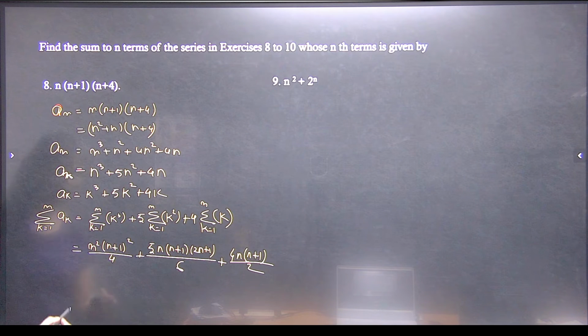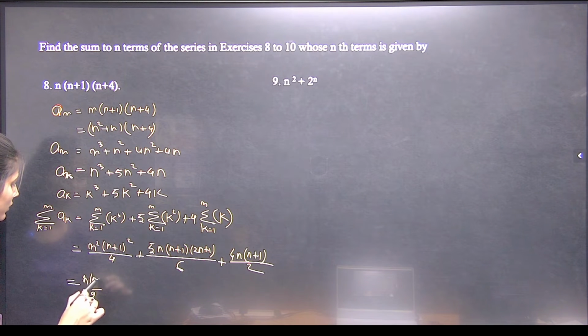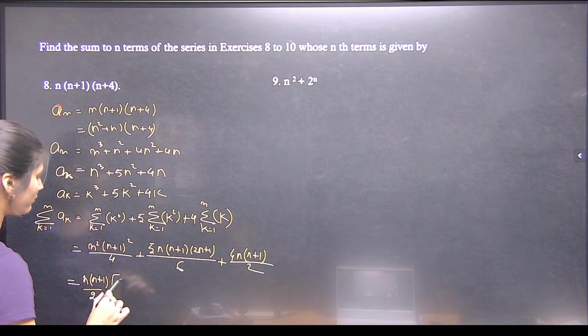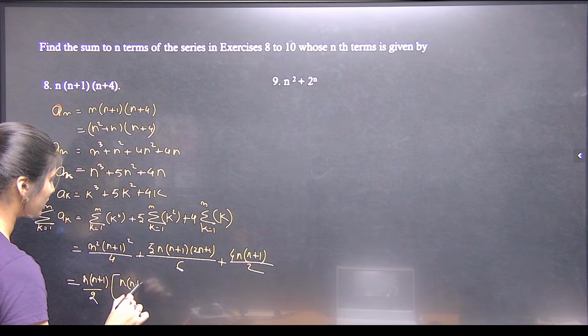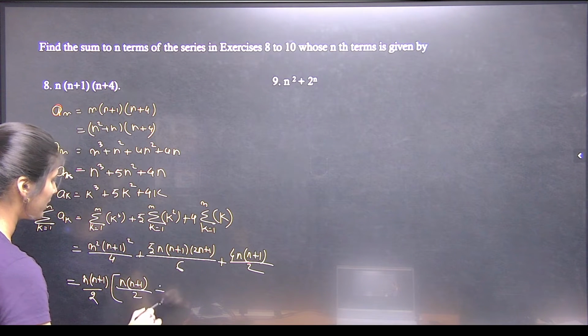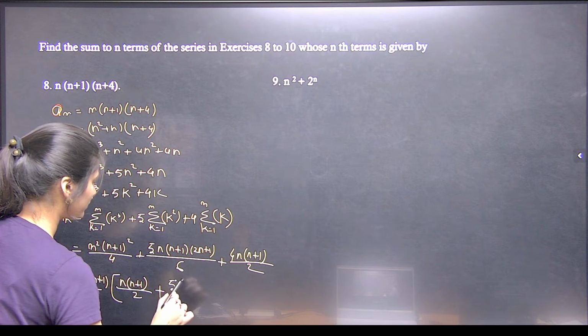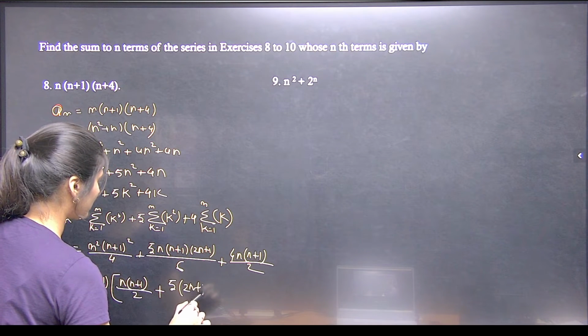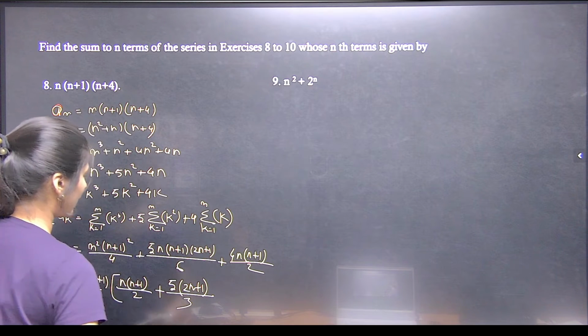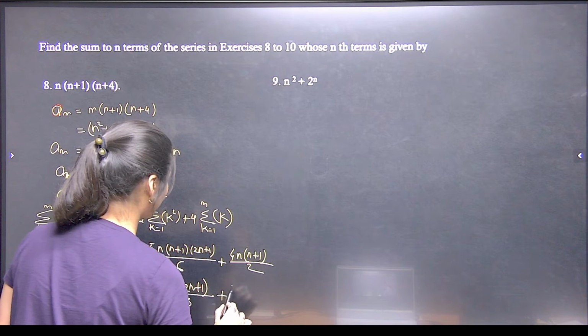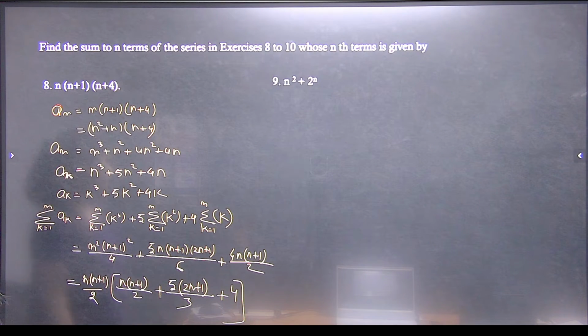Now what we can do is take common: 2 from the denominator and n(n plus 1) from the numerator. So we have n(n plus 1) by 2 into [n(n plus 1) by 2 plus 5(2n plus 1) by 3 plus 4]. That's it. We will solve it further.